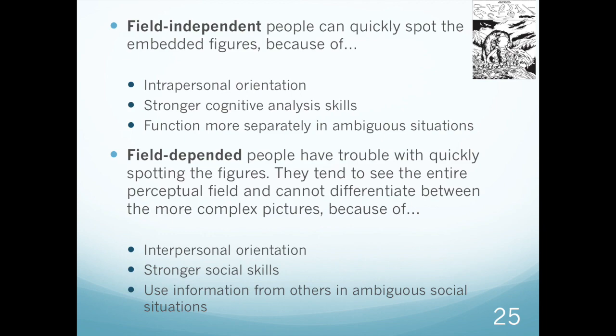They tend to see the entire perceptual field, the whole image, rather than the sum of parts, and they cannot differentiate between the more complex pictures because of the following traits: interpersonal orientation, stronger social skills, and the use of information from others in ambiguous social situations.